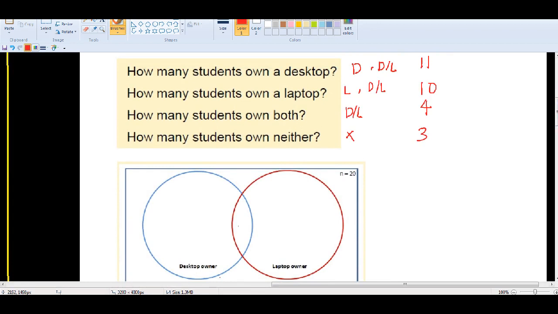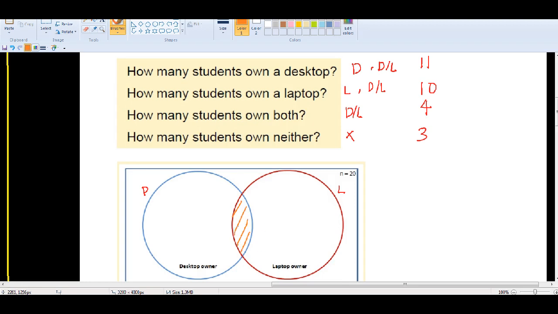So you see we have desktop owners in one circle, laptop owners in one circle. Let me write a big D here, big L here. Which part shall we fill in first? Remember, you should always try to fill in the intersecting part, that means the overlapping part of the two circles.